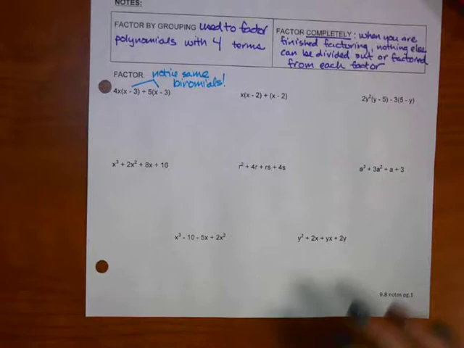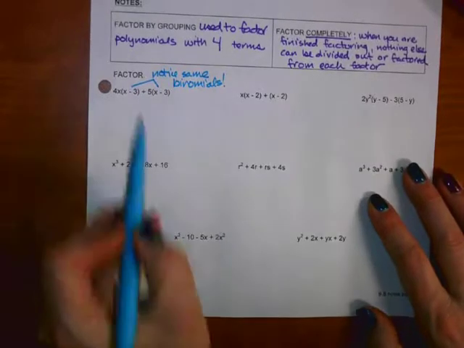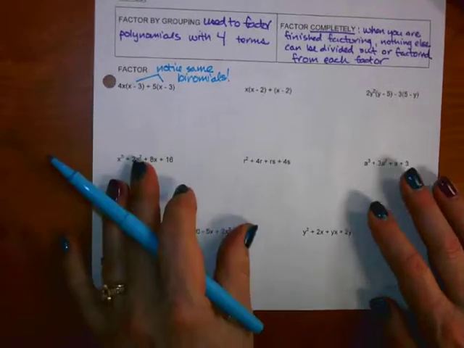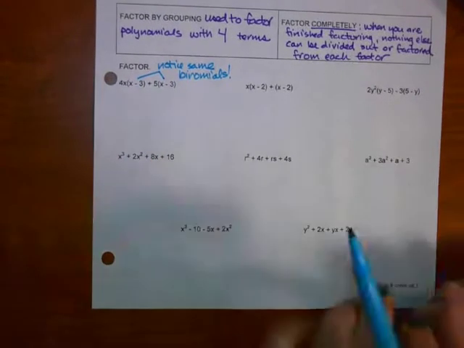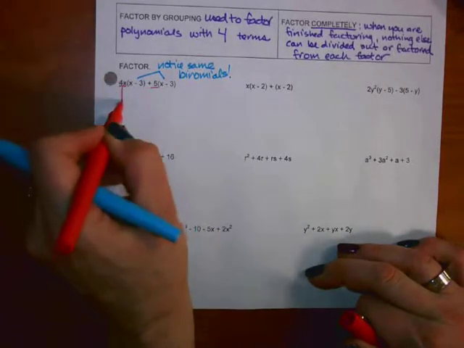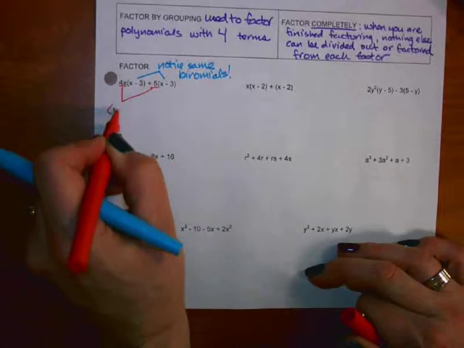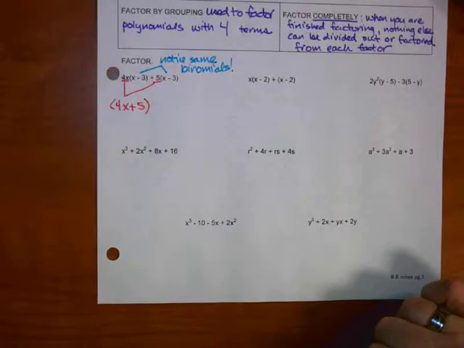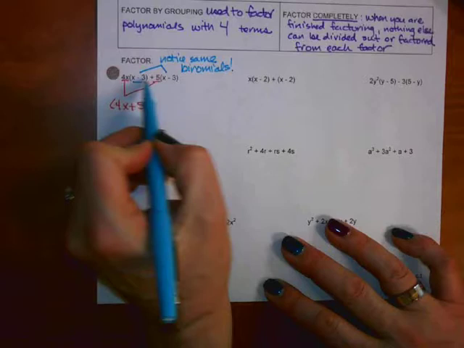That means that 4x is being multiplied by that binomial and 5 is being multiplied by that binomial. So what I can do is take the 4x and the 5 and put them together into one binomial, and then take this and just write it once.